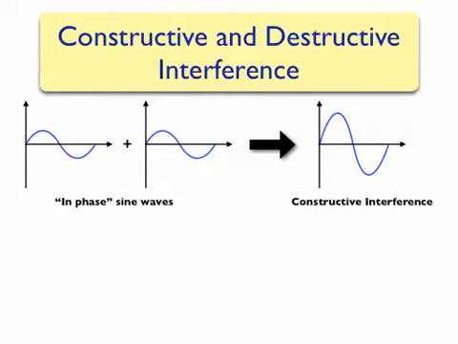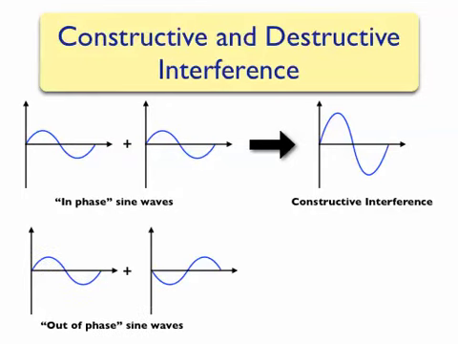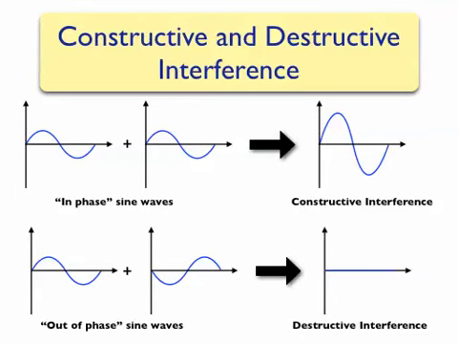This is because each wave constructively interfered with one another. We can do the opposite and add two waves that are out of phase. The out of phase waves will cancel one another out, and we get what's called destructive interference, a wave with no amplitude. Therefore, we've effectively destroyed the wave. Remember that atomic orbitals are three-dimensional waves.